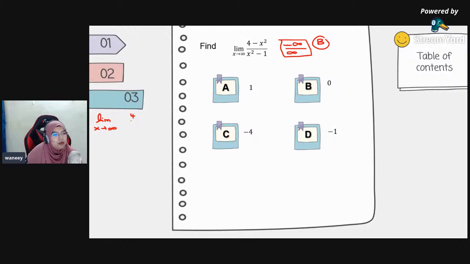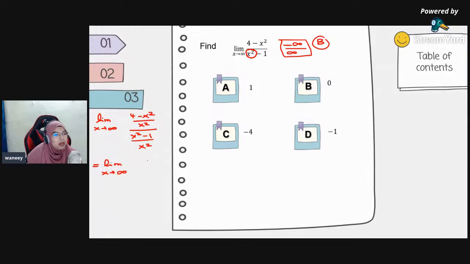So we got 4 minus x square over x square minus 1. So the highest power of denominator is x square. So we're going to divide everything by x square. So this is the limit for x approaches infinity.